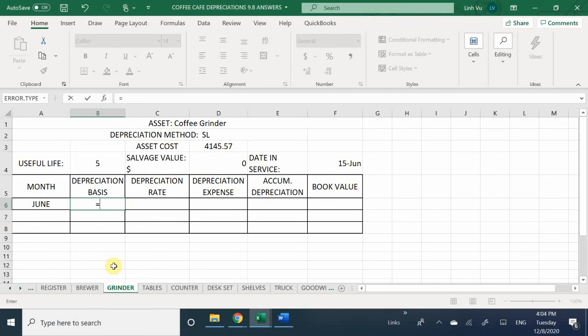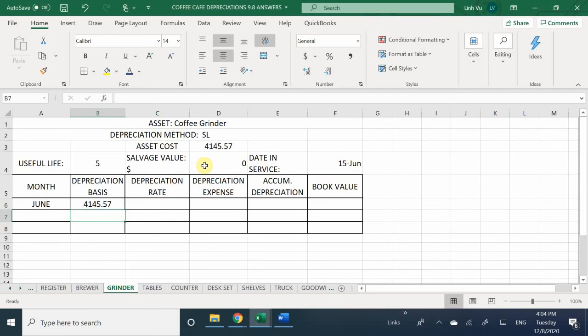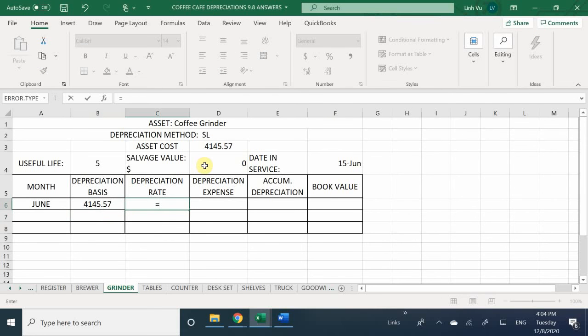Okay. So my depreciation basis is going to be. All right. Straight line. So it's cost of the asset minus the salvage. And there is no salvage. Correct? Right. So what is it? 4,145. Okay.